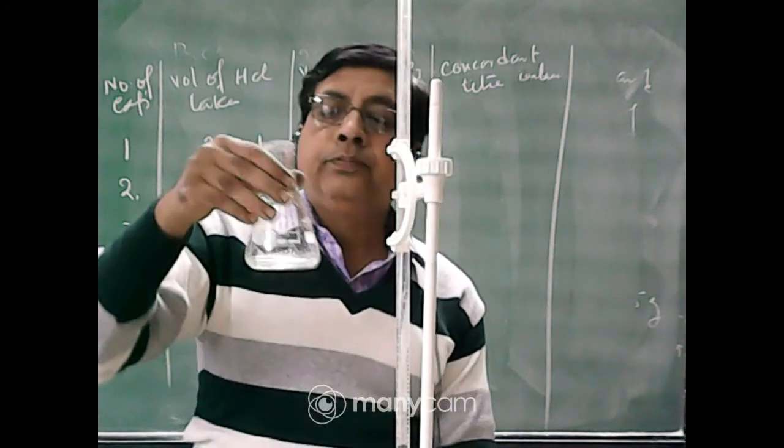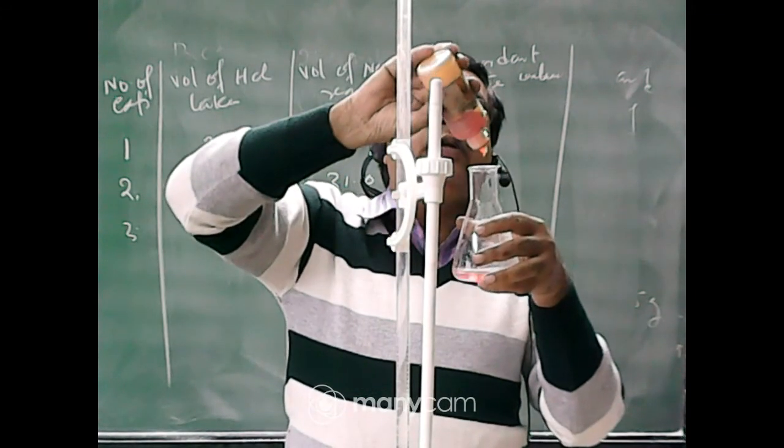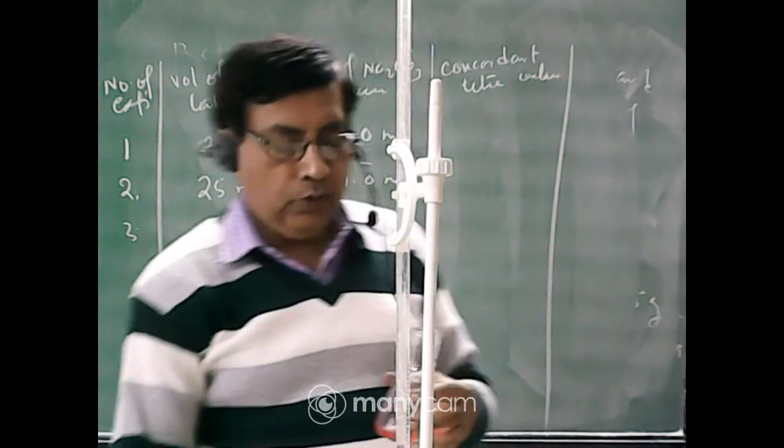This is the dilute HCl. Add phenolphthalein 3 or 4 drops.